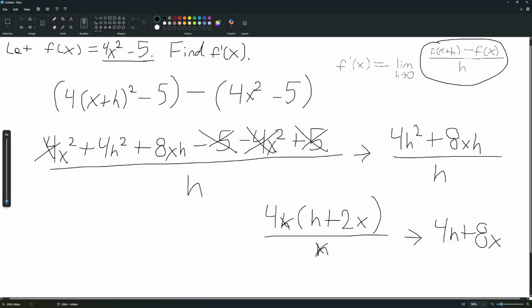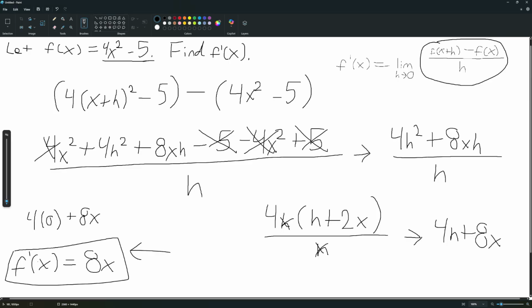So after all of this, we have 4 times 0 plus 8x. Now this is obviously 0, which leaves us with just 8x. So this leaves us with an answer of f prime of x equals 8x.